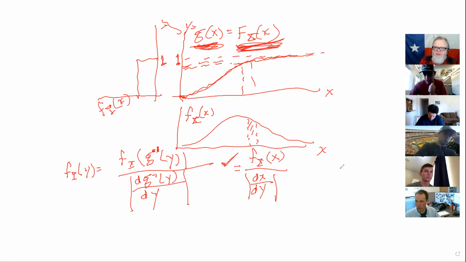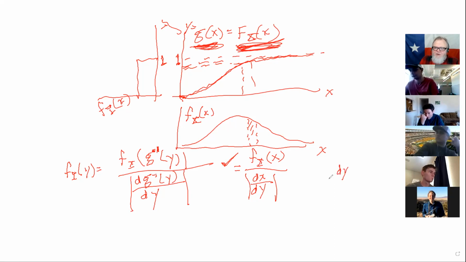And then one of the other things we showed that will help in this derivation is that dy dx is equal to 1 over dx dy, right? At least engineers can say that. I think mathematicians might have a little bit more problems doing that. Well, what is dy dx?